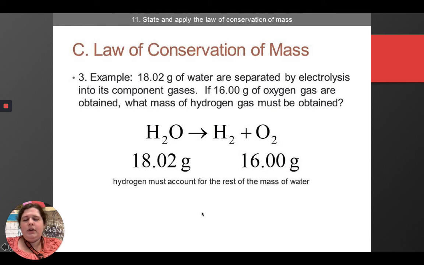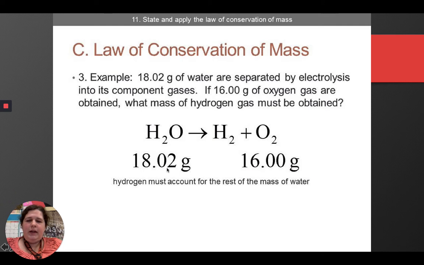So the law of conservation of mass basically says that everything must equal each other. This example says if I have 18.02 grams of water to start and I break it down into hydrogen and oxygen, how much hydrogen am I going to be left with if I get 16 grams of oxygen? This is just subtraction.